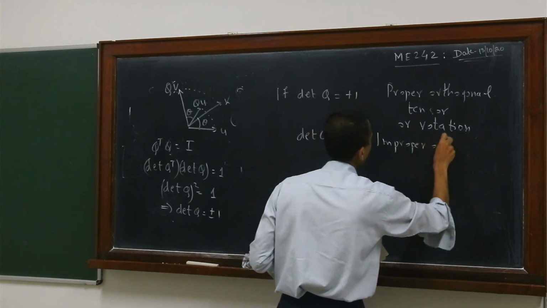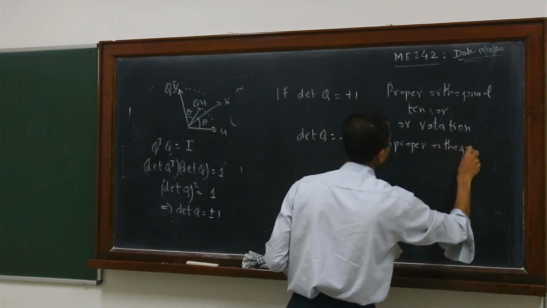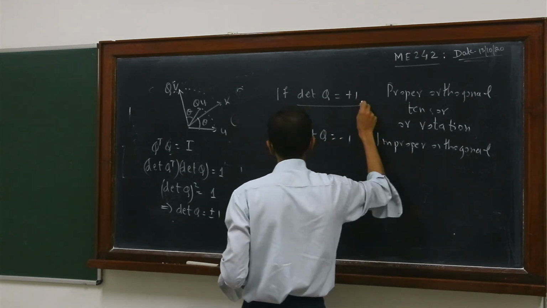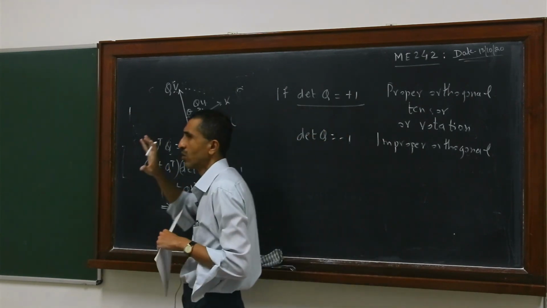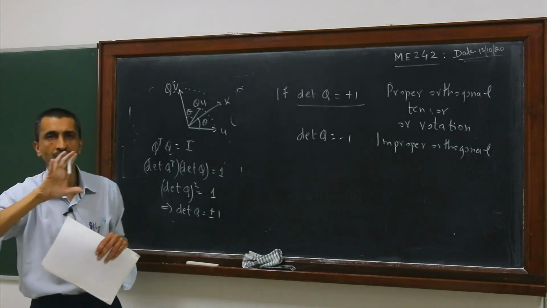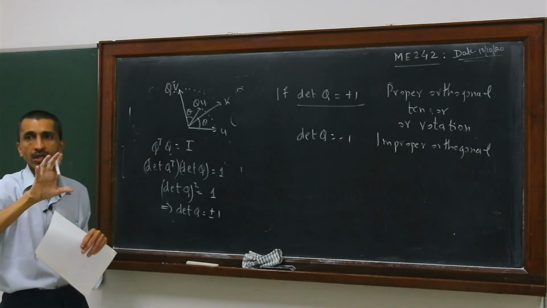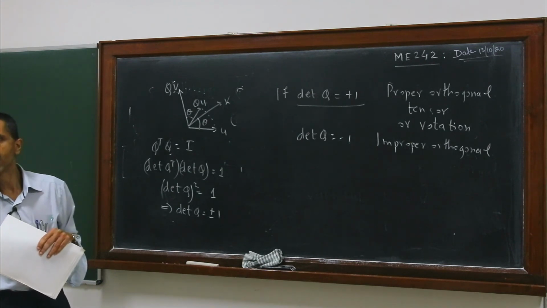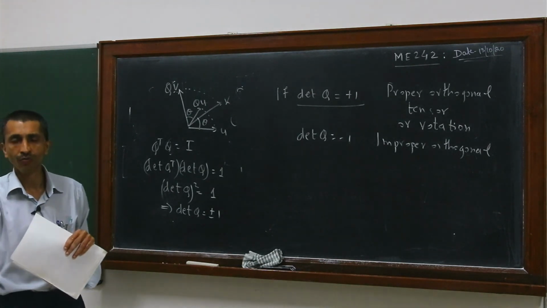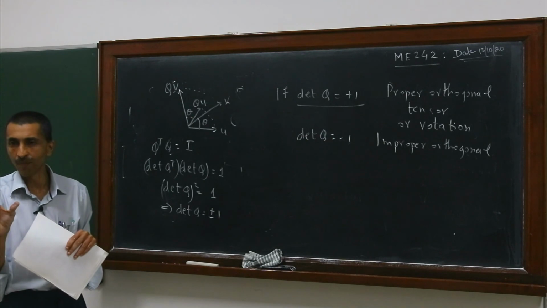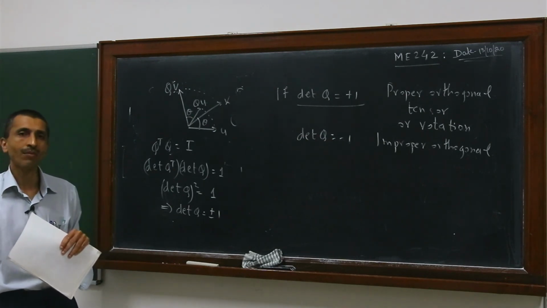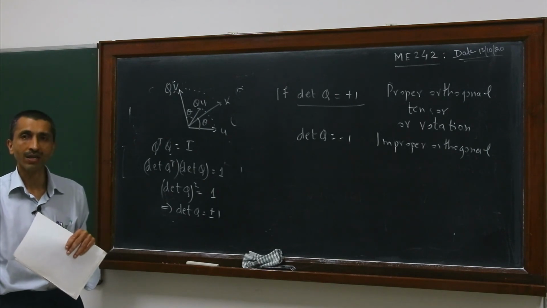Improper orthogonal. Typically in rigid body dynamics, this will play a role. Imagine that there is a set of axes embedded in your rigid body, and as your rigid body turns, the orientation of the three axes embedded in it remains the same. What I mean by orientation is that a right-handed coordinate system does not go to a left-handed one.